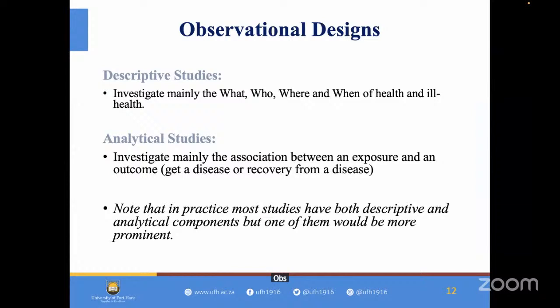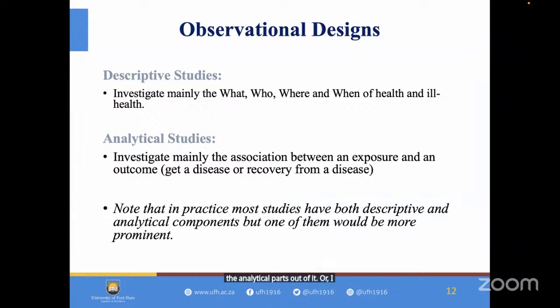When we talk about observational design, mostly we say there are two types, descriptive and analytical, but I have never seen any study in recent times that talked about one particular aspect of observational design, which is descriptive, and left the analytical part out of it.